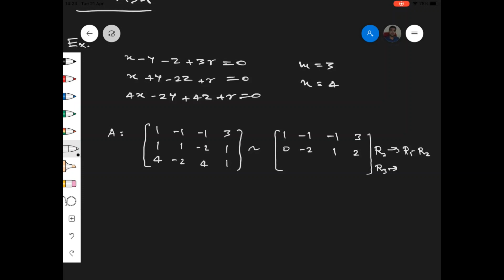For R3 I am using the row operation 4 R1 minus R3. So 4 minus 1 4 0 minus 4 plus 2 minus 2 and minus 4 minus 8 and 12 minus 1 11.